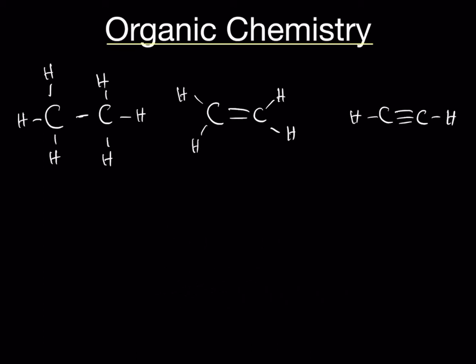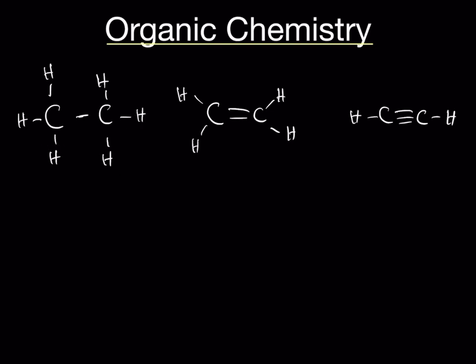Now, there are different types of hydrocarbons. The one on the left only has single bonds. The bonds between the carbons are only single. Therefore, the number of hydrogens is the maximum that it can be given the number of carbons.